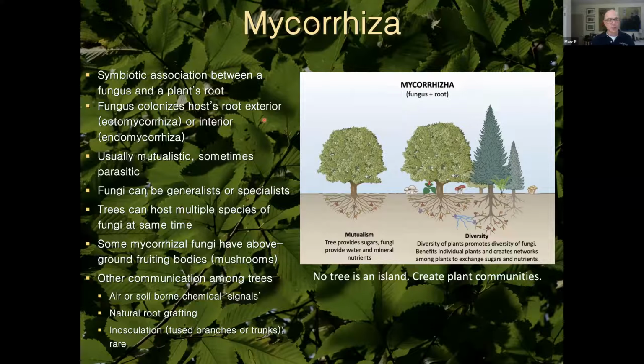Mycorrhizal relationships are good. They're usually mutualistic, where the fungi are providing water and mineral nutrients from the soil and from decomposed biological matter to the tree in exchange for sugars. Plants are the only things that can turn sunlight into energy.